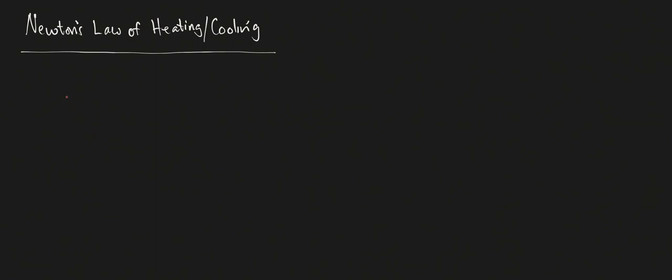It could be a situation where you have a warm environment, and in that warm environment, you place an object that is much cooler, and we're measuring the temperature of this object.